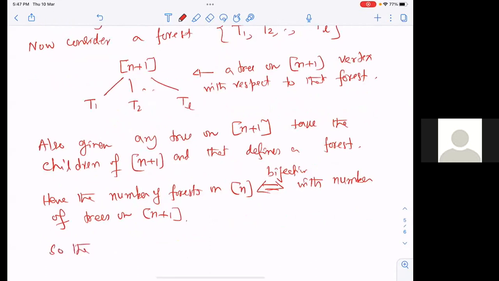So the number is n plus 1 to the power n plus 1 minus 2, by Cayley's theorem.